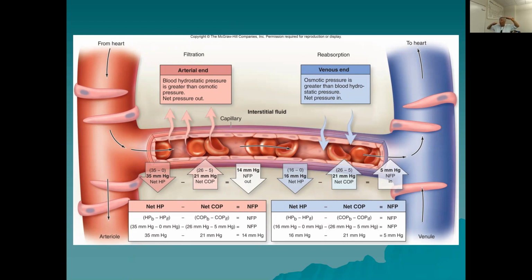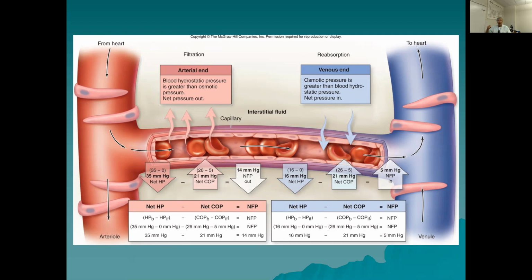As we move across the capillary, hydrostatic pressure drops. Remember, it has to drop, otherwise fluid would not flow in that direction. Notice osmotic pressure is not changing, and once the hydrostatic pressure drops below the osmotic pressure, the net filtration pressure is negative.